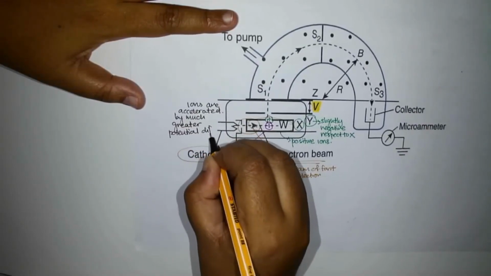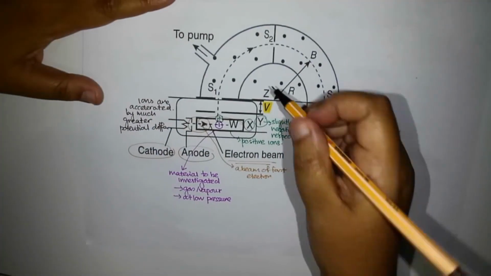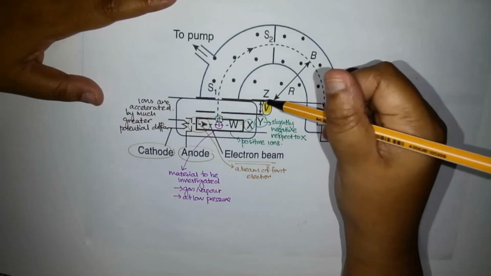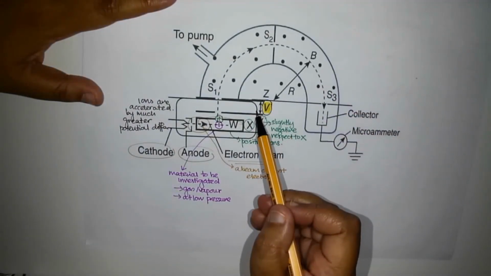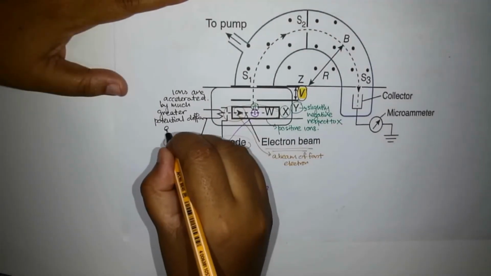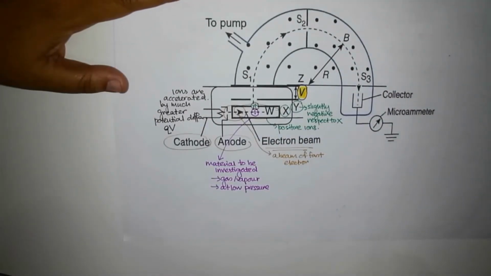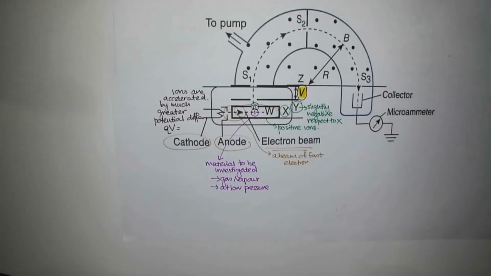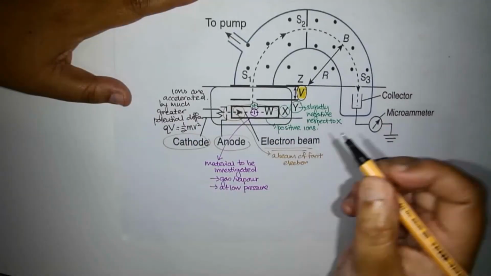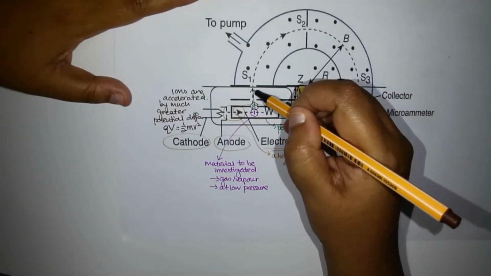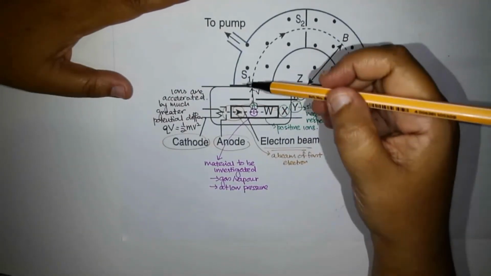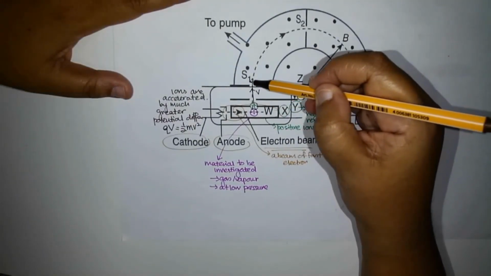That means electric potential energy is given to the positive charge. The positive charge converts electric potential energy to kinetic energy and then it will accelerate. The ion will accelerate with a very high velocity v, and comes out in this part here.